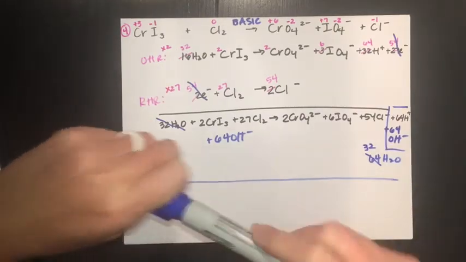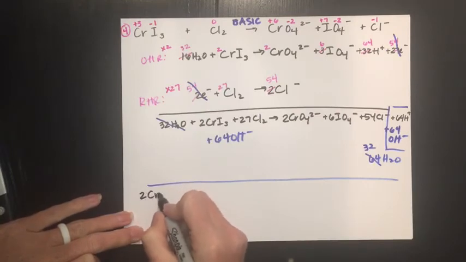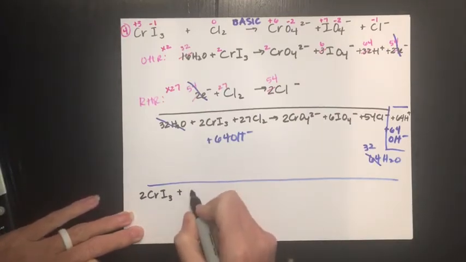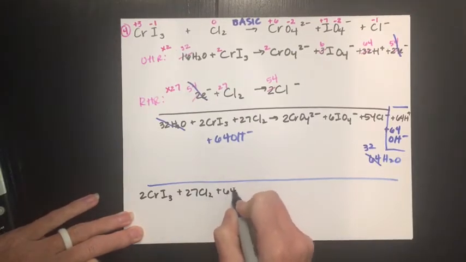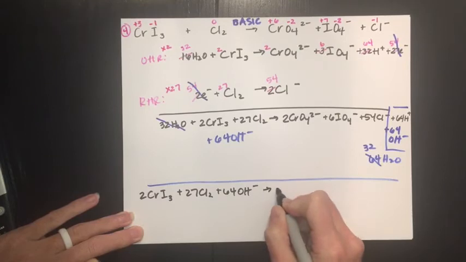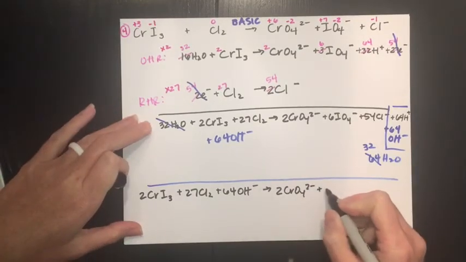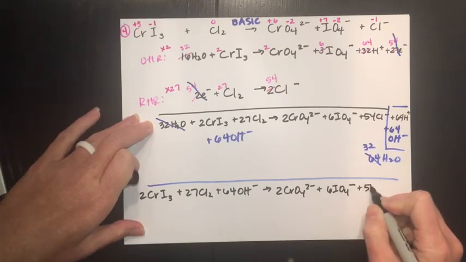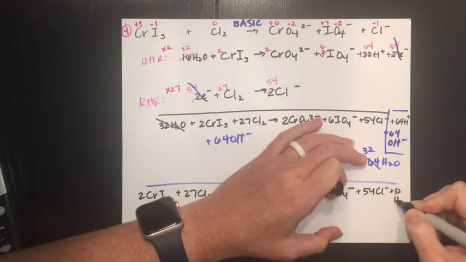Add it all together, and now in basic solution, this is going to be 2 chromium triiodide plus 27 chlorines plus 64 hydroxide goes to 2 chromate ions plus 6 periodate plus 54 chloride ions plus 32 water.